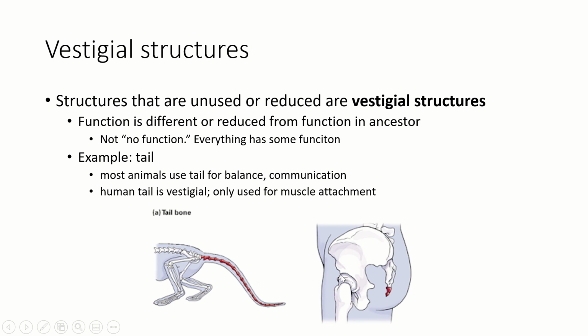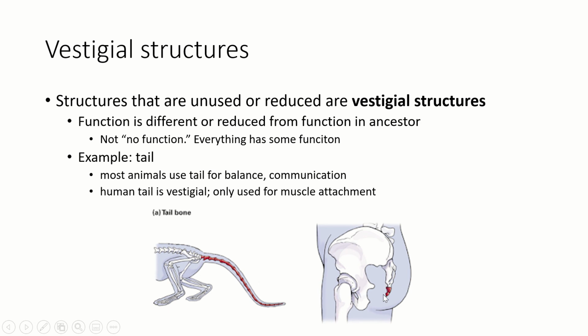The function for the tail in humans is that it's attachment for muscles of the pelvic floor that help to keep your guts from falling out between your legs, because there's this big opening between your legs. Obviously, the pelvic floor here doesn't need to be as strong in an animal that walks on four legs. It has to be much stronger here. So there are some extra muscles, and those attach to this tail.